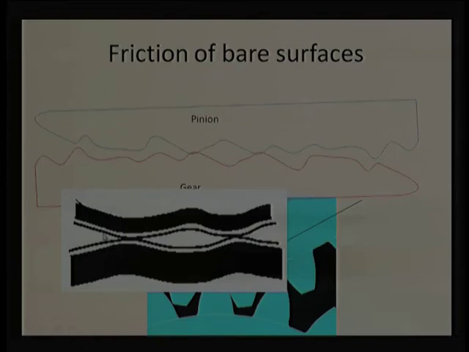We are showing that both surfaces, maybe the pinion surface and gear surface, will have some sort of contamination layer without any lubricant. These layers generally have a lesser shear strength. That's why the relative sliding will be simpler compared to the parent material, compared to the bare materials without any contamination layer.